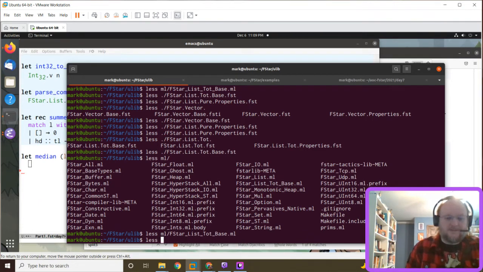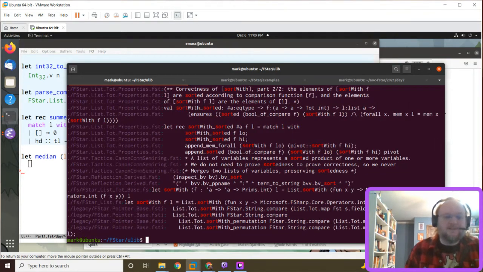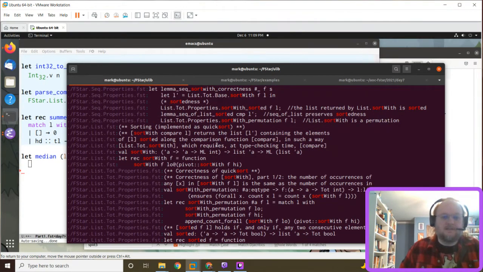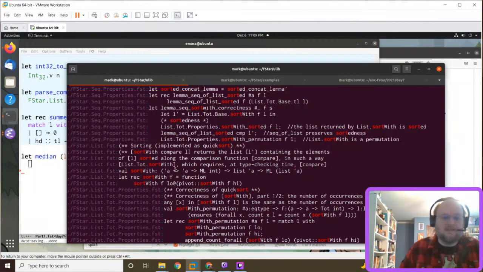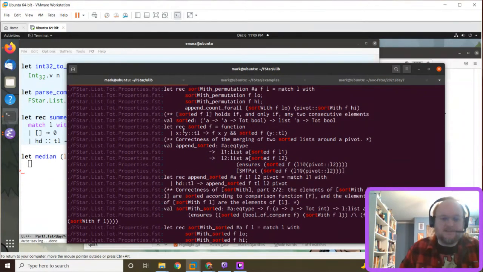So F* does have a sort based on quick sort. So where is that? I've got sort with, which is a comparison based sort.